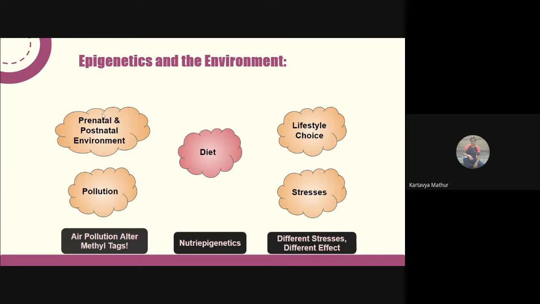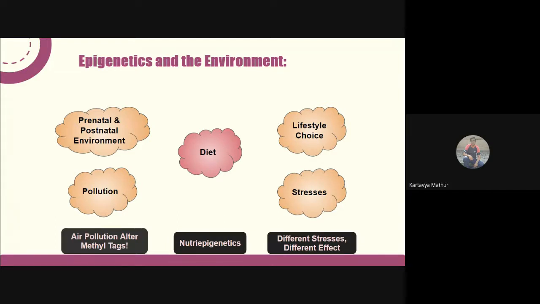Epigenetics and environment, as we already know from the definition, are interrelated. Different environments have different effects on our epigenetics. Like if a mother takes good care of the fetus in prenatal care or the postnatal environment, it's good for the child. Then certainly it would develop better.